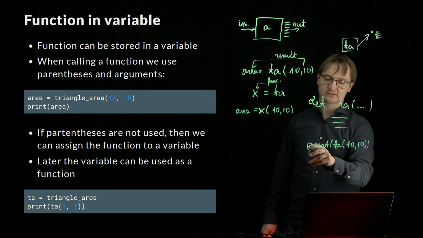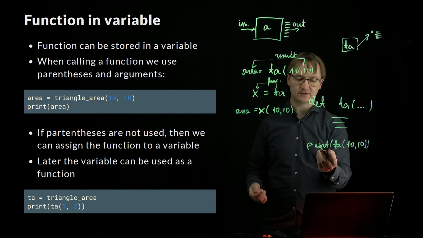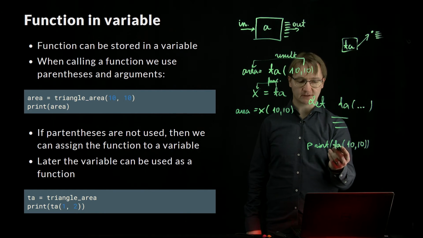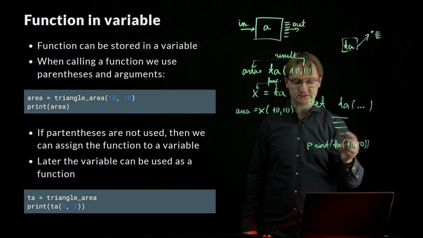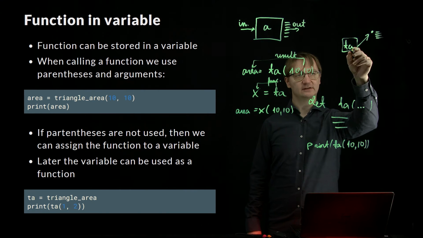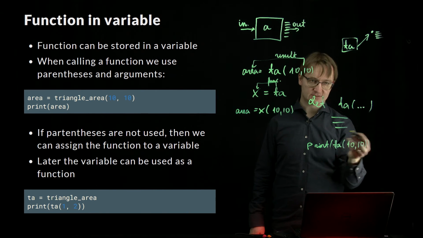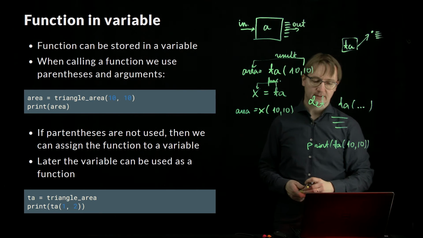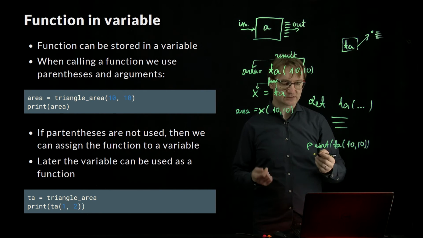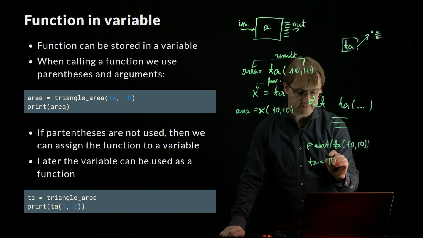Now what happens is that first it has to find where the print function is, but before we can print, we have to calculate the value of this dA. And for dA, it finds that dA is a variable which points to the function, and now it calls this function. But what Python allows us to do is that I can do dA equal to 10.